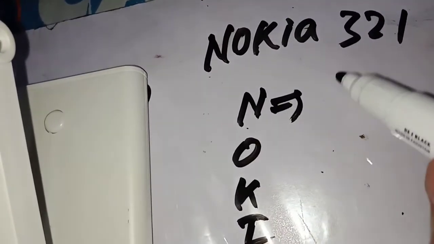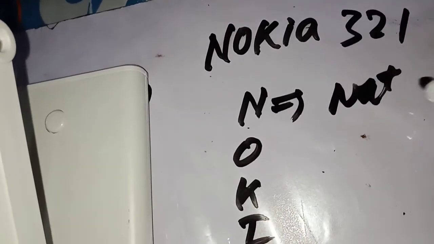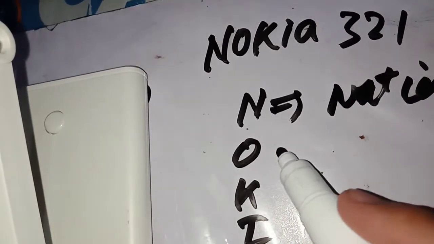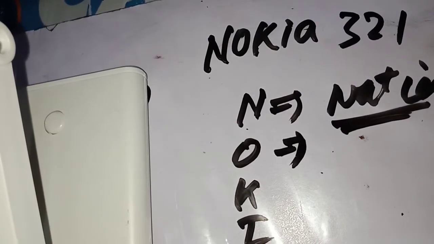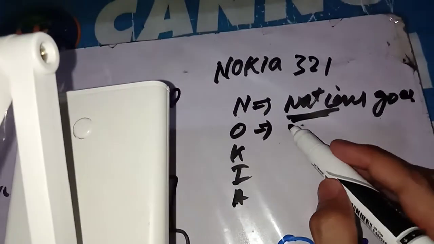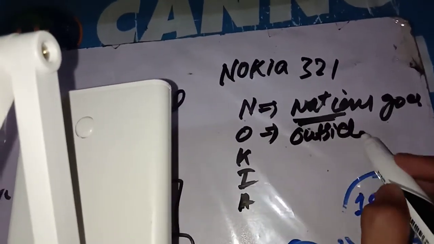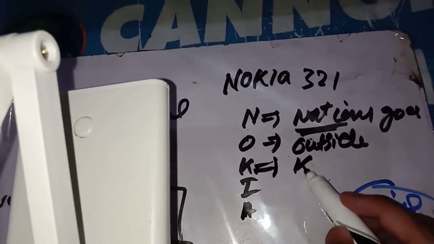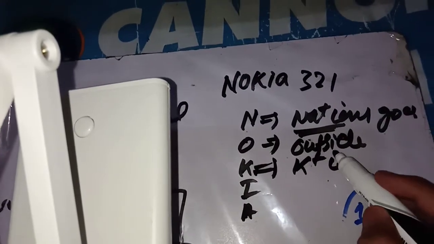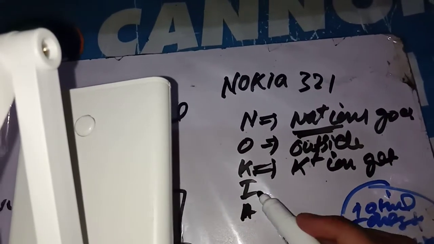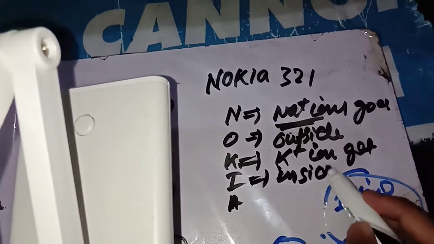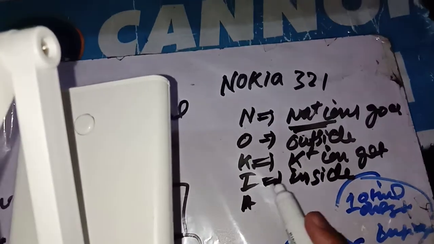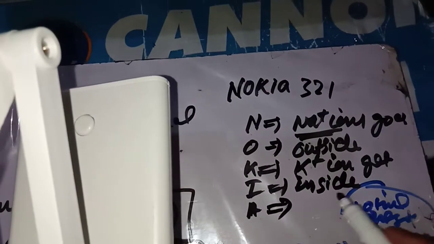Here N means sodium ions and O means it means sodium ion goes outside, and potassium ions get inside with the help of using ATP.